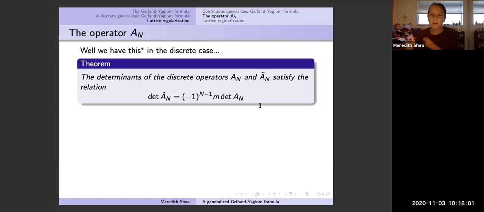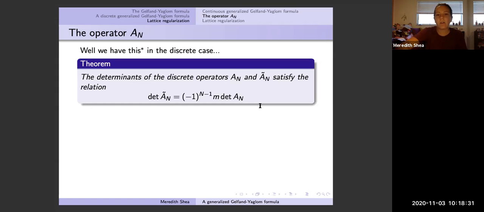This was really weird, but it seems to be related to the fact that it was a first order operator, so there's some choice of phase when you choose a branch cut if you're actually taking these Zeta regularized determinants. And so the fact that this alternating sign showed up for A tilde, your first order operator, but goes away when you consider A, your nice second order operator, sort of made sense in that context.